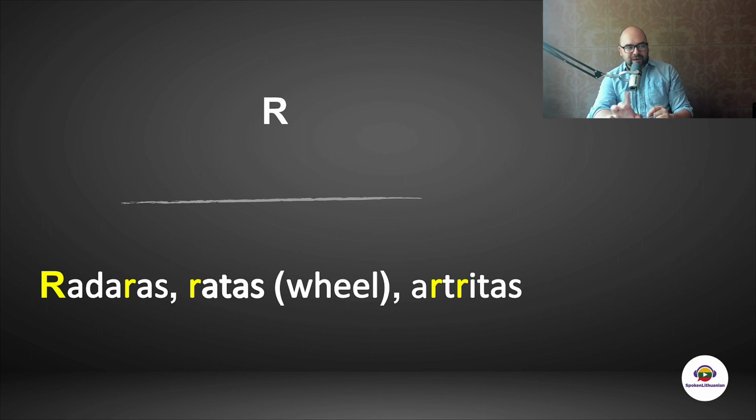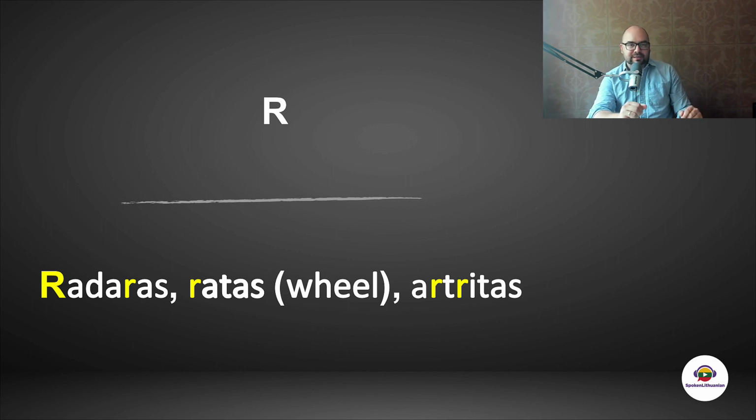But Lithuanian R is different. It's more in your face, more in the front of your mouth. You're saying radaras, radaras. I can even say rrr. I can't do that with the English R because it's not a continuous sound.